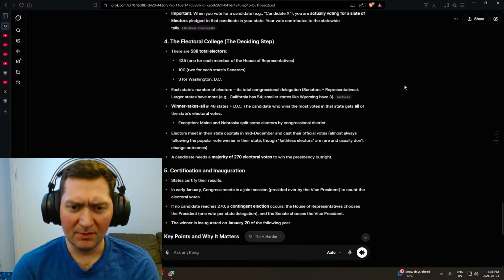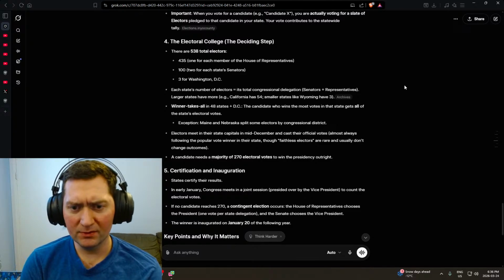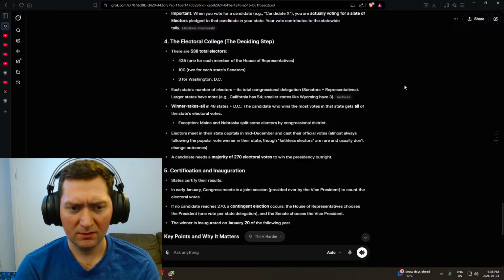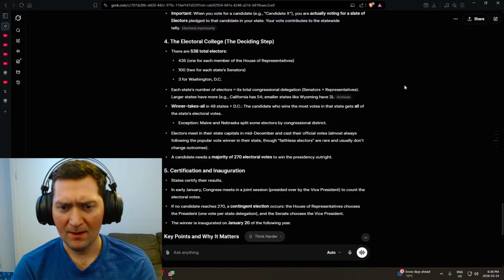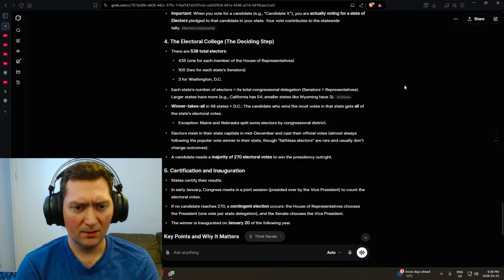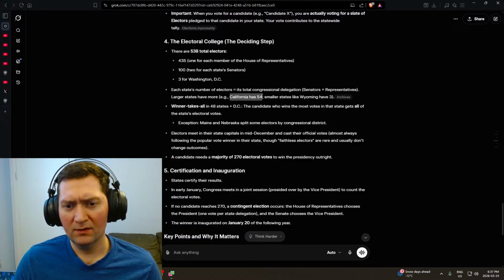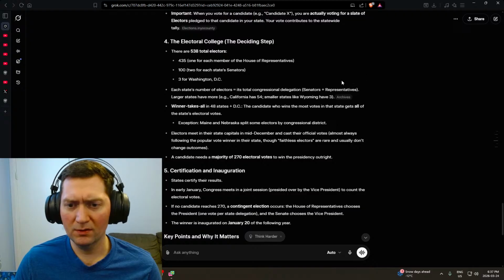Each state's number of electors is its total congressional delegation. Larger states have more. Okay, winner takes all. Like I'm saying here, large states have more. California has 54. Smaller states like Wyoming only have 3: senators plus representatives.